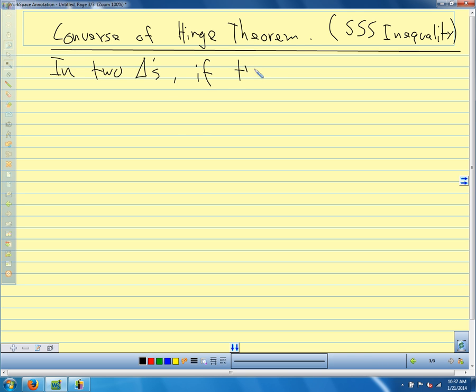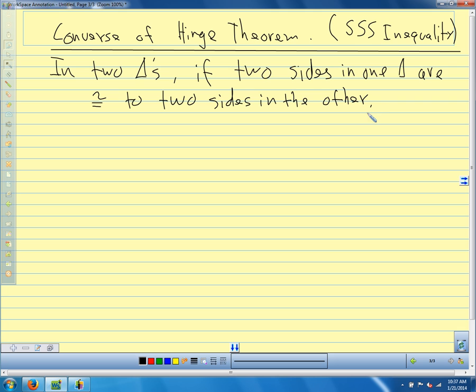if we start the same way, two sides in one are congruent to two sides in the other, but the third sides are not congruent.